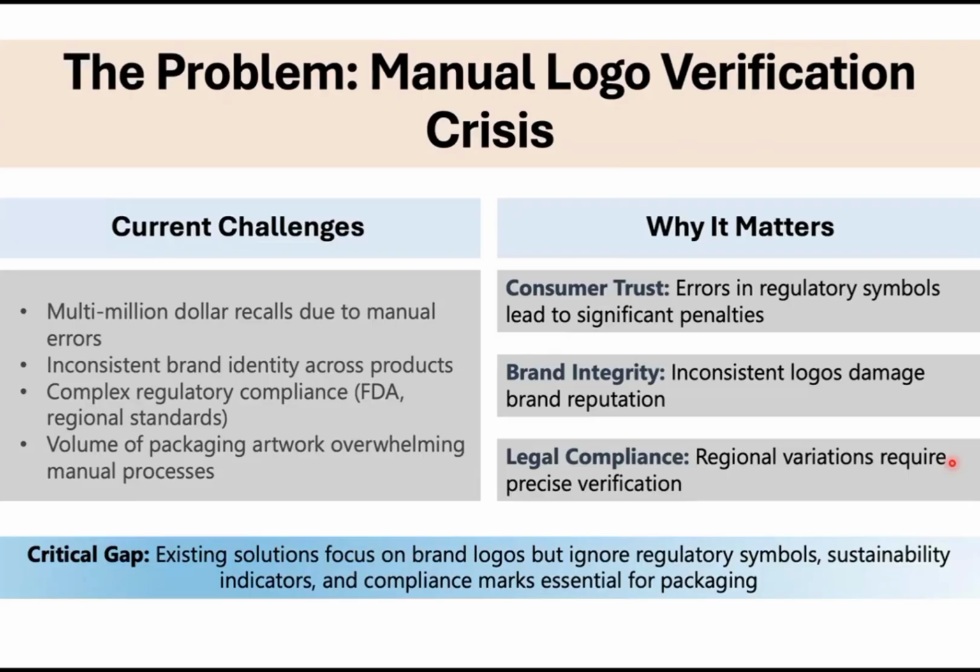Inconsistent brand identity across products, with inconsistent logos on their products, is common. And due to the regional standards of different compliance logos, it's very hard to keep track of all of these. It's a very complex task. Since production artworks are very large in volume when they are processed every day, manual processing and verification of each artwork is very tedious and takes a lot of time. Hence, it's more prone to errors.